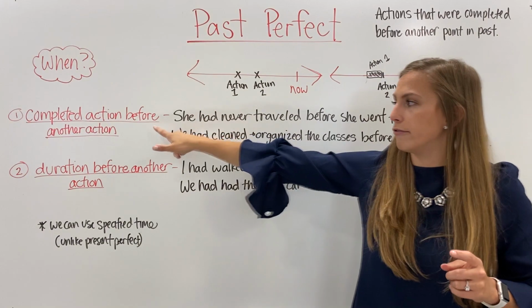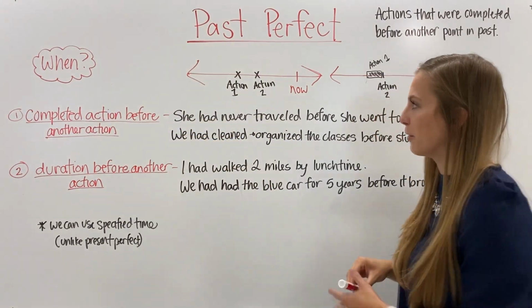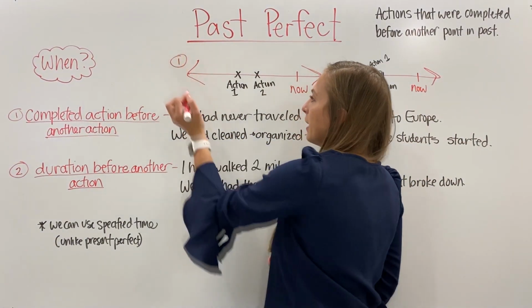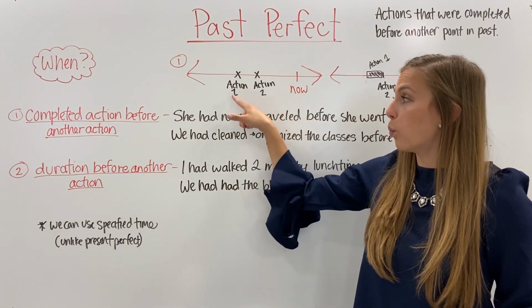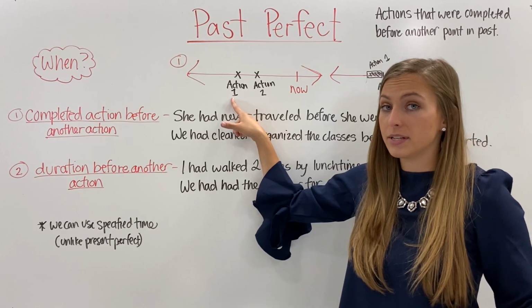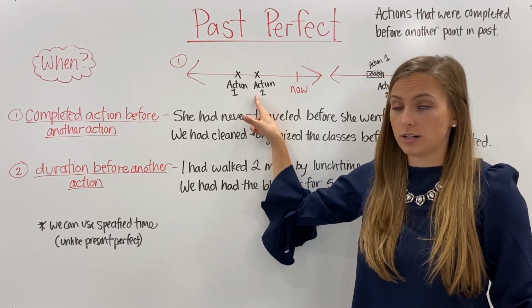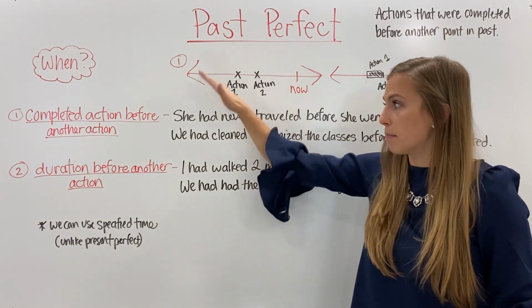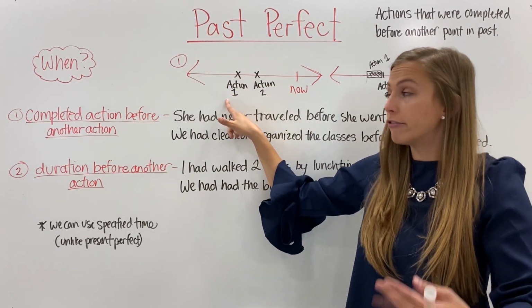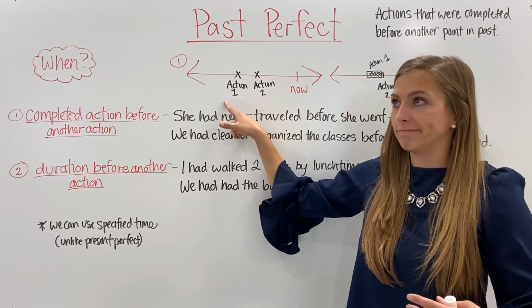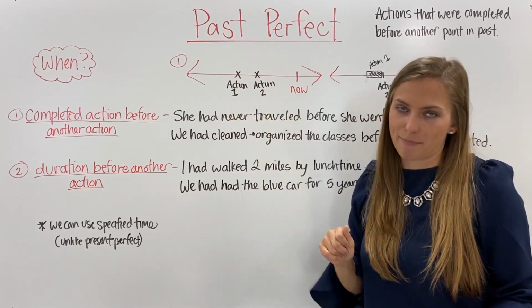This is the timeline for number 1. I'll put the number here. Okay? So we are talking about how one action happened before another action in the past, right? This is now, this is the past. So one action happened before, or by the time, this action happened.